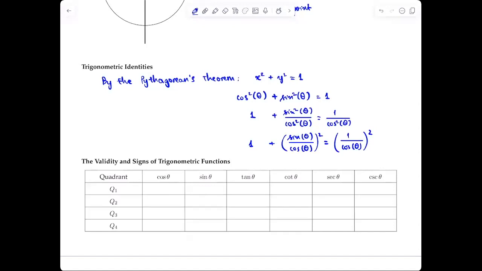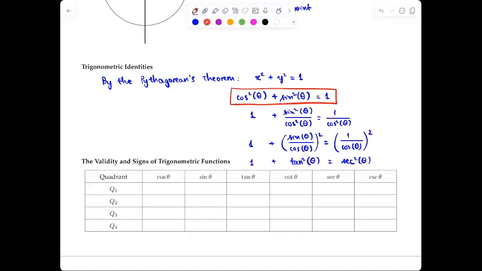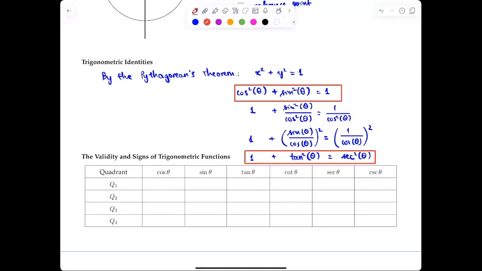So hopefully it helps you recognize the relationship between tangent of theta with sine and cosine better, and the relationship between secant and 1 over cosine of theta better. So here I can rewrite this as tangent squared of theta equal to secant squared of theta. So I have one equation. I want to box it. There's another equation. All right, so two identities.